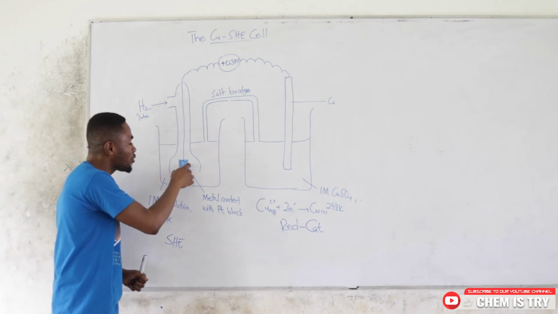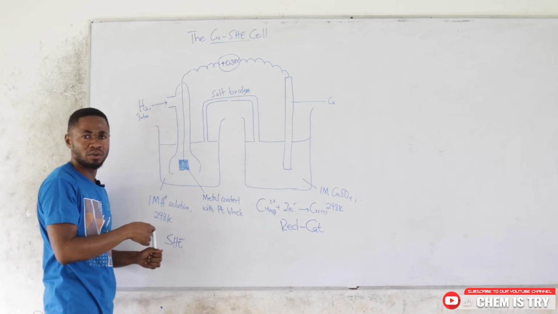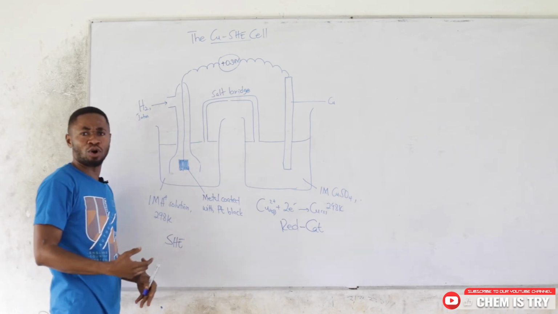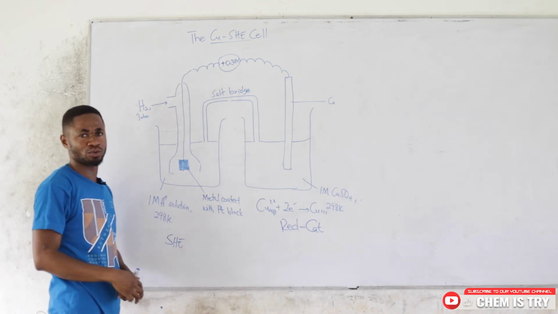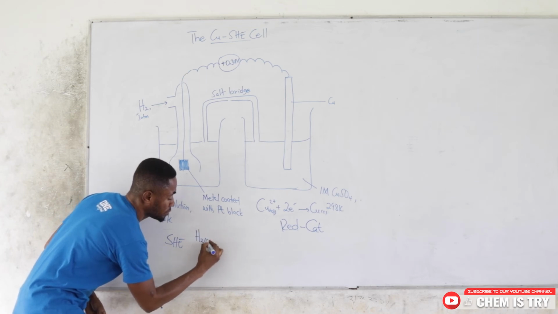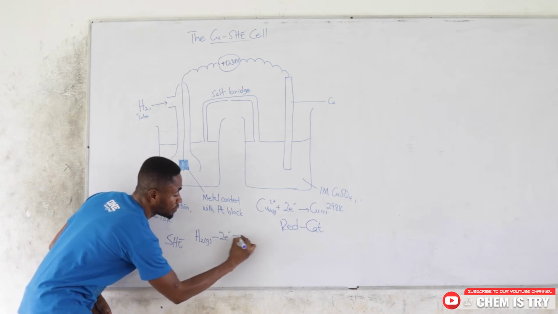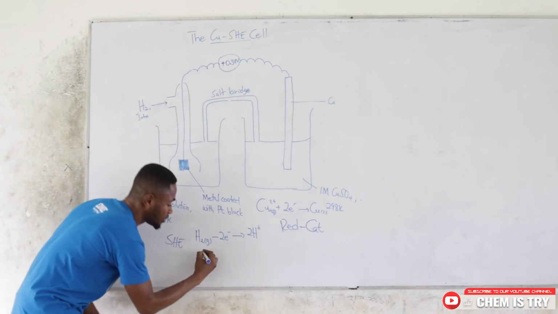The bubbles of hydrogen gas that were passed through the glass tube lose electrons to form hydrogen ions. We can appropriately write this equation as H2 going to 2H+ plus 2 electrons.